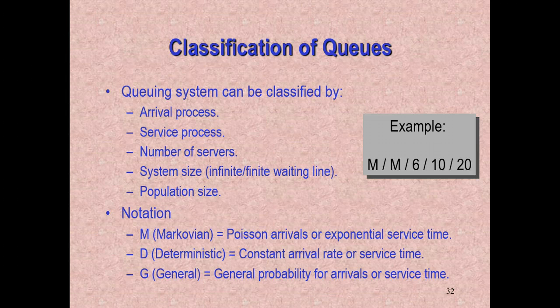Let's say a good example of this, let's say I have 4 lines, and maybe I have 2 tellers or two operators answering those lines. Okay, the number of servers would be 2, but I only have 4 telephone lines. I'm talking telephone lines here when I say line. I only have 4 telephone lines. So at this time, only 4 people at any given time can be in my system.